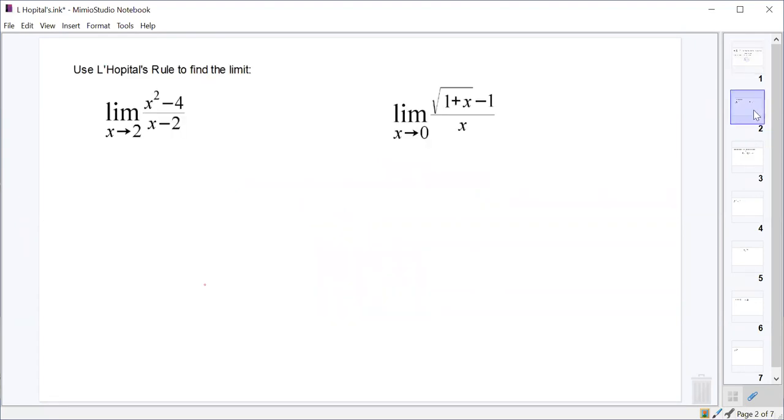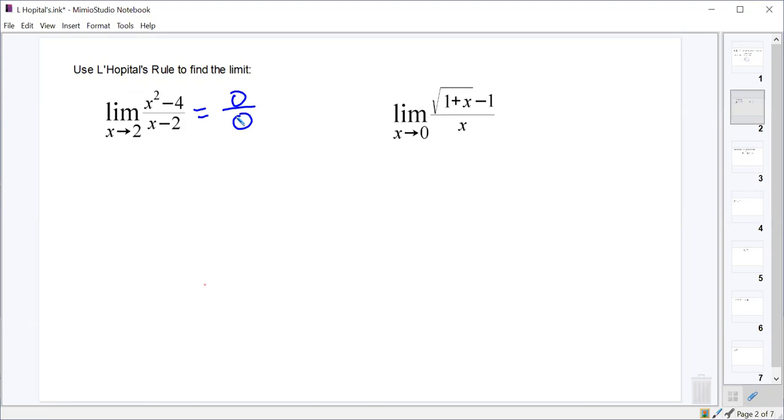All right, so let's use this rule to find each of these limits. And I'm going to be a little bit of a pain about this. What do we have to do? We have to first plug in the 2 and show that it is 0 over 0. True?